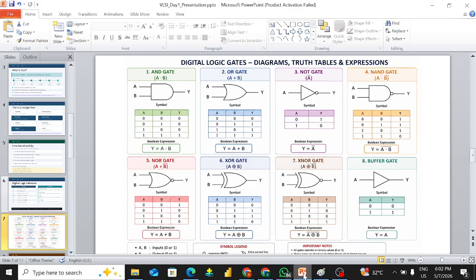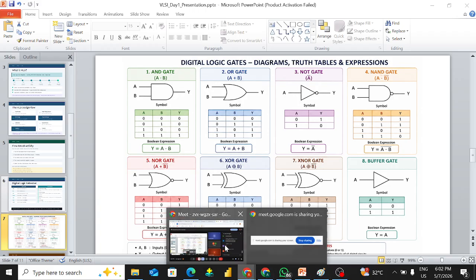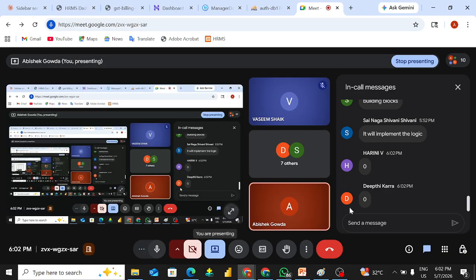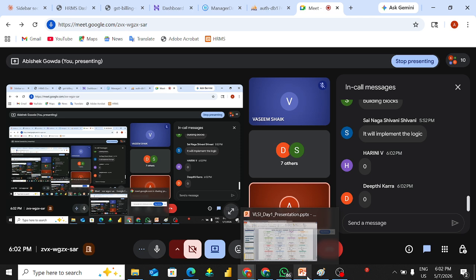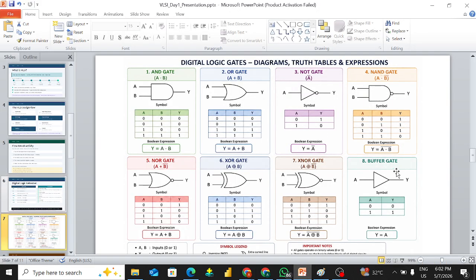Yeah, 0, 0. But see here, what you have got output as 1, right? How did that 1 come from? Internally, this NAND gate is first performing AND operation, so the output of A and B is 0. If A is 0, B is 0, then of course the output will be 0 because it is a combination of AND and NOT.